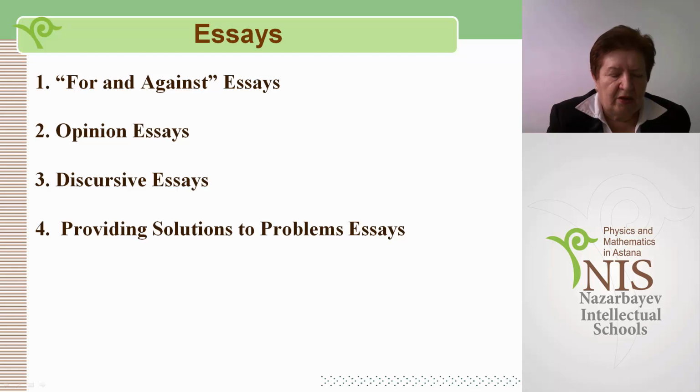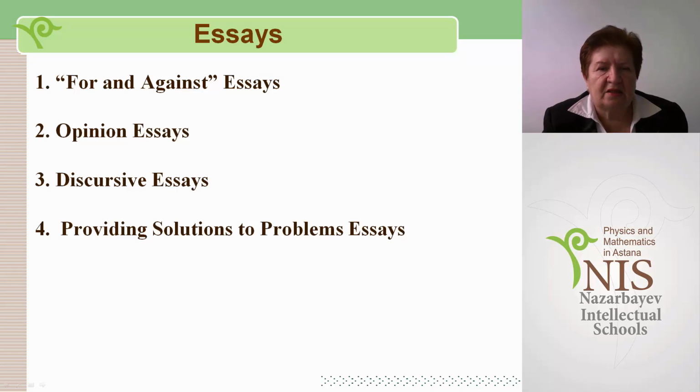So, if you are asked for a for and against essay, you should remember that this is a formal piece of writing in which a topic is considered from the opposing point of view. You should present both sides in a fair way by discussing them objectively in equal detail.